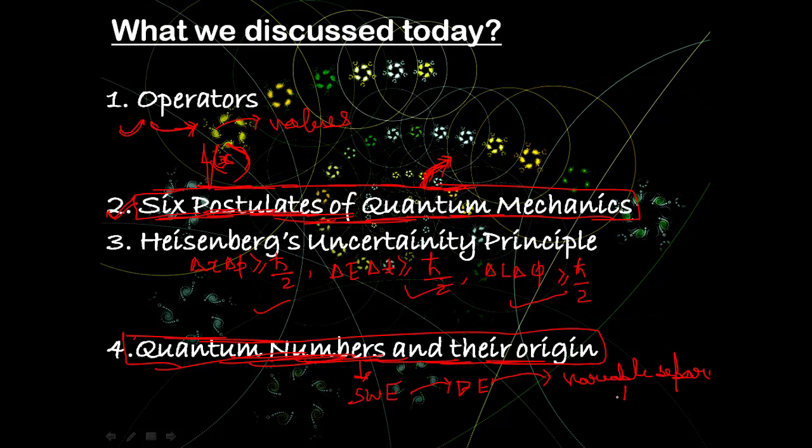When solved this way, you get 2 things: one is the radial part and the other is the angular part, or spherical harmonics. The radial part gives information about N and L, and the angular part gives information about L and ML. There is another quantum number also, the magnetic spin quantum number.